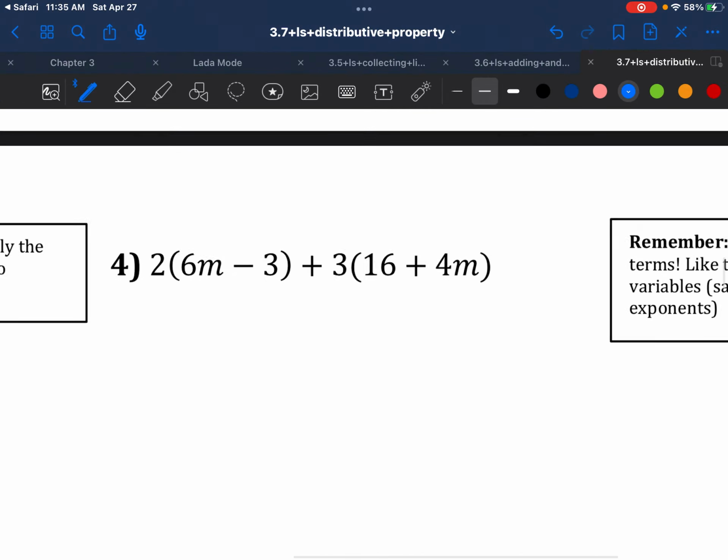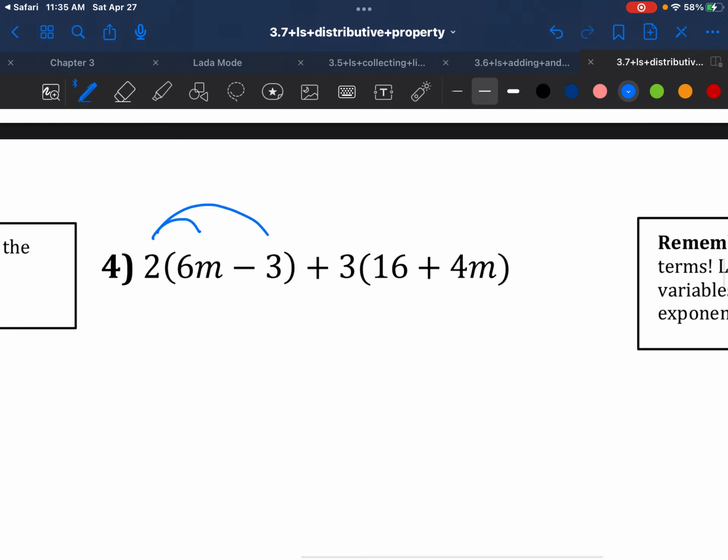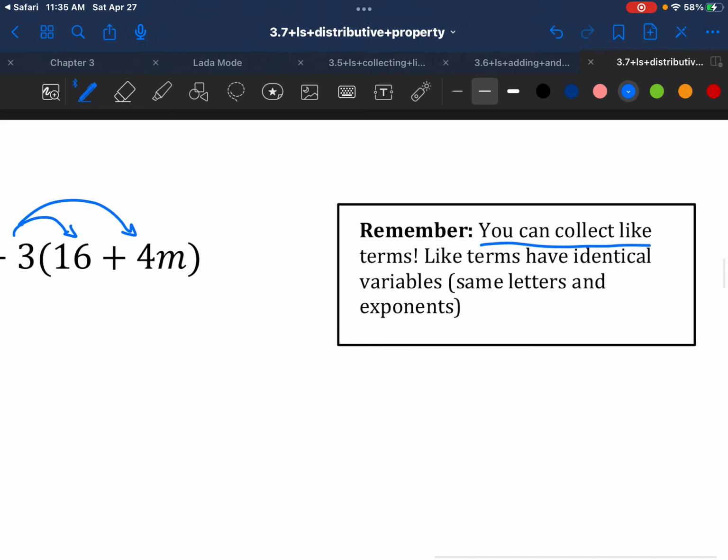This one, we can do it like this, and like this, and like that. Okay, and here it says we have to collect like terms.